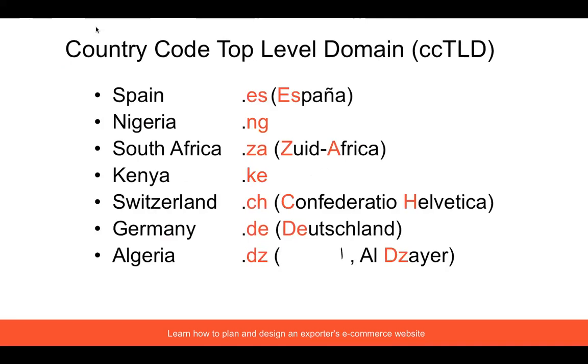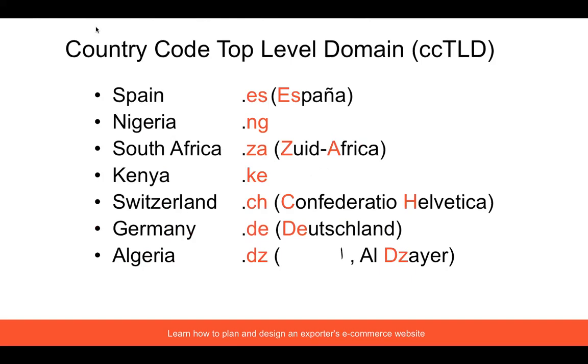So you may believe that the Spanish domain name is SP, Spain. No, bad news, it is ES, from España. Well, Nigeria is not difficult to find, NG. But what about South Africa? Why is South Africa written with an S and has a Z? Because it's written with the Dutch words, Zuid Afrika.